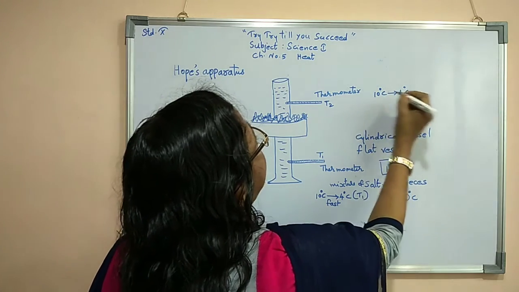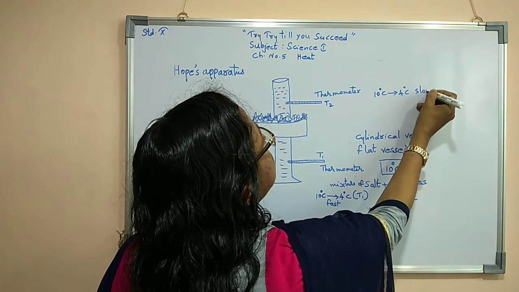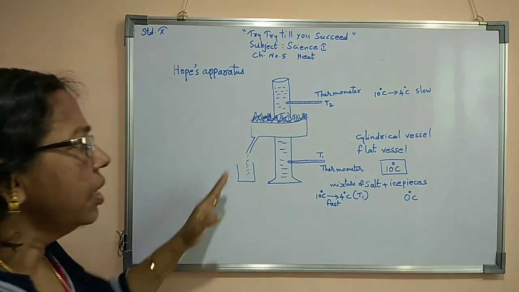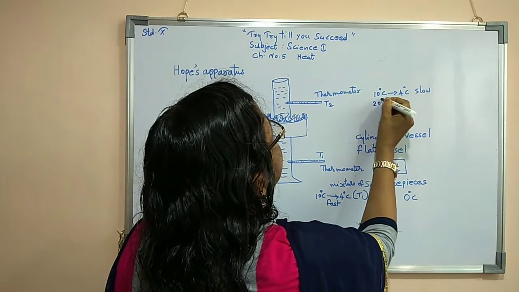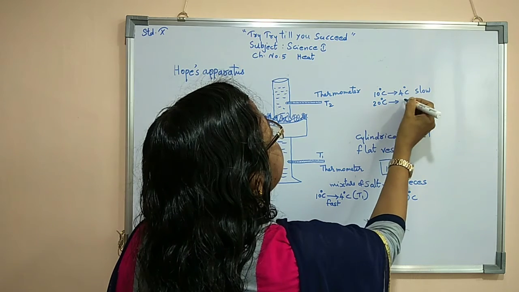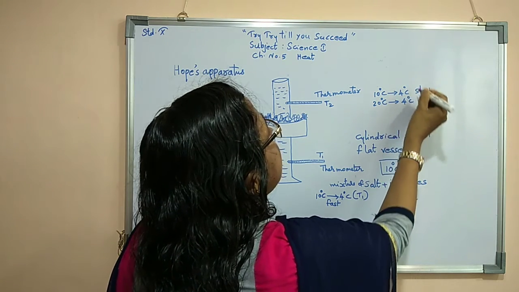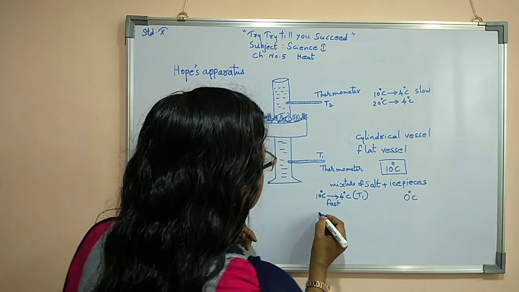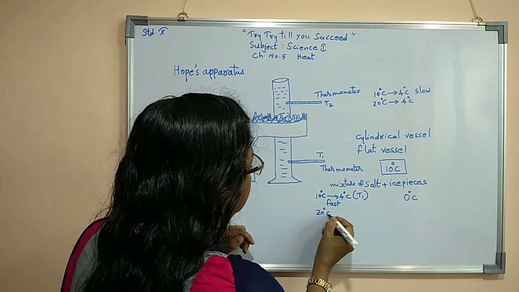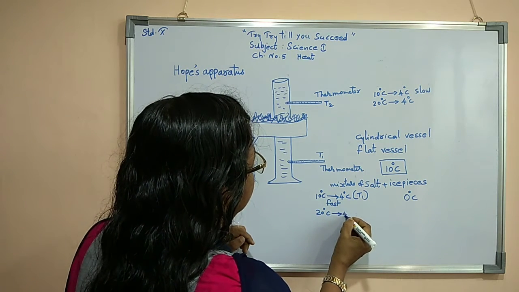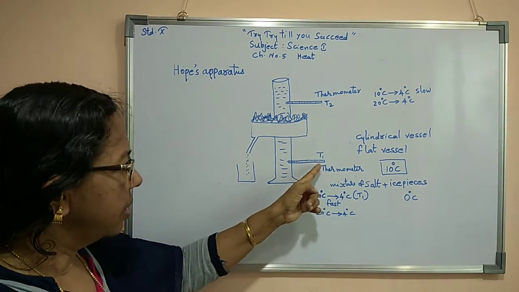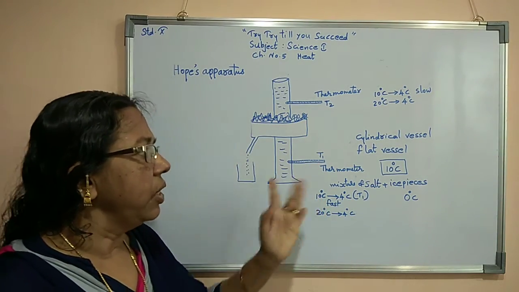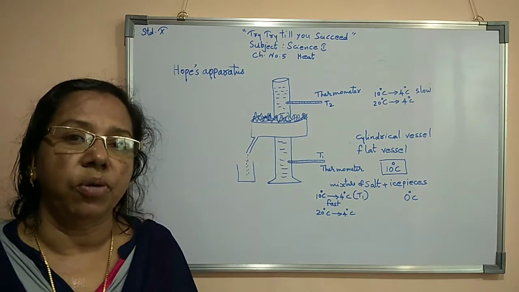That reduction is fast in T1, but at the same time the reduction from 10 to 4 degrees Celsius will be a little slow in T2. If you take 20 degrees to 4 degrees Celsius, this process will be slow, while the lowering of temperature will be very quick in the T1 thermometer.